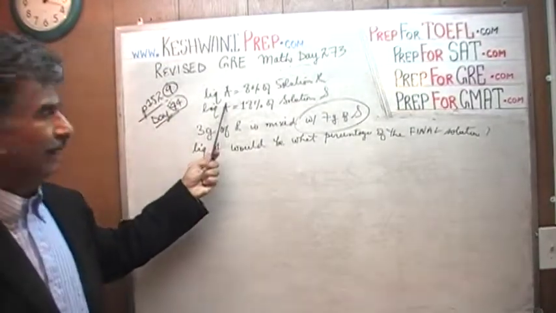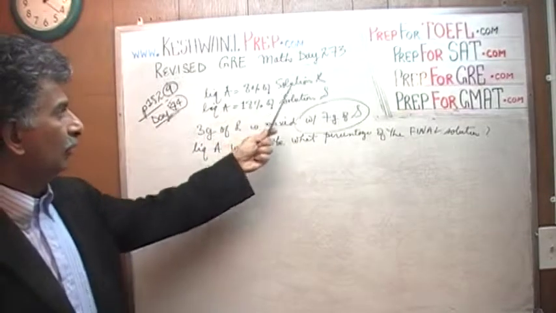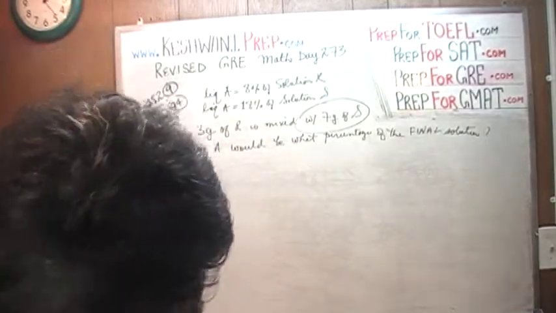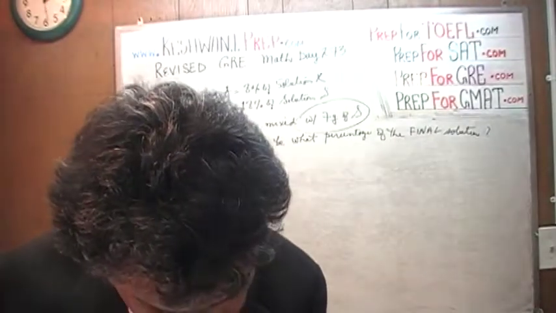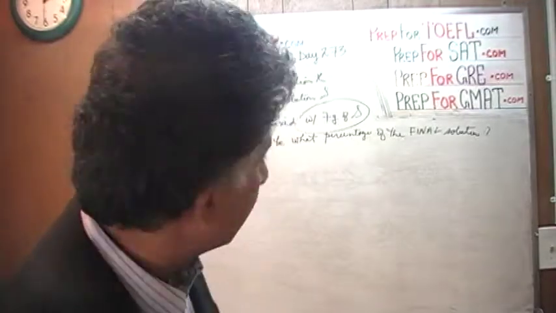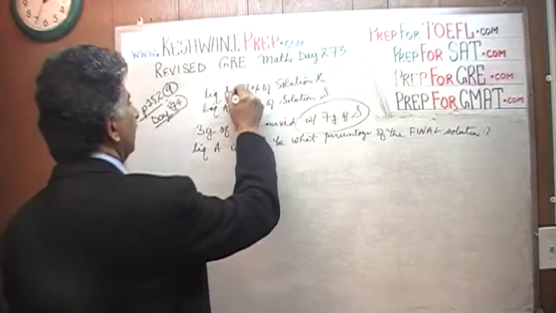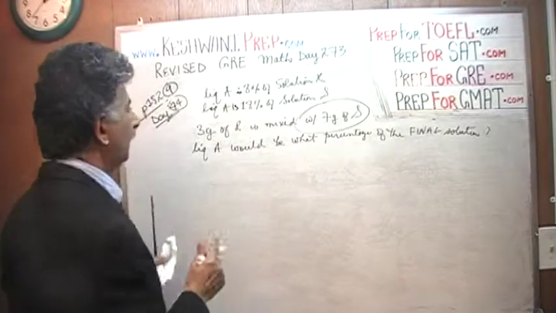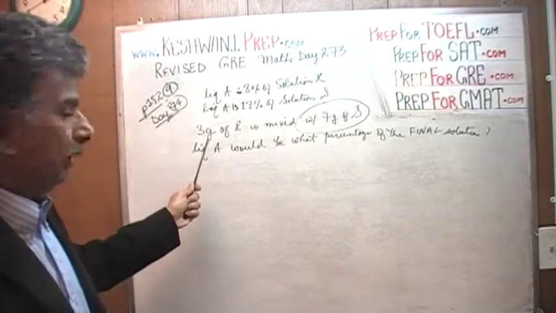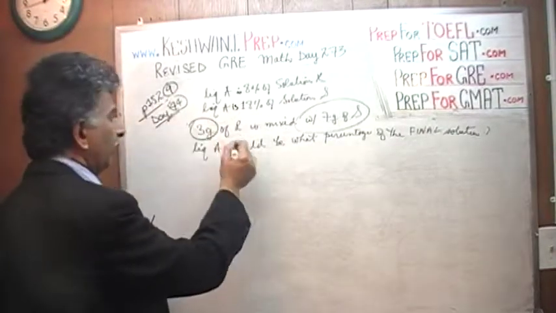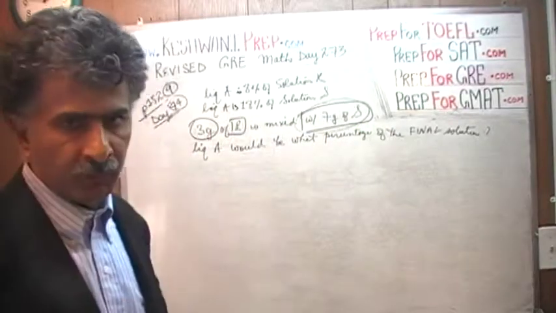We have a liquid A. It says by weight, liquid A makes up 8% of solution R, and we are told that liquid A is 18% of solution S. Then we are told that we're going to take 3 grams of R and 7 grams of S, and we're going to mix them together.